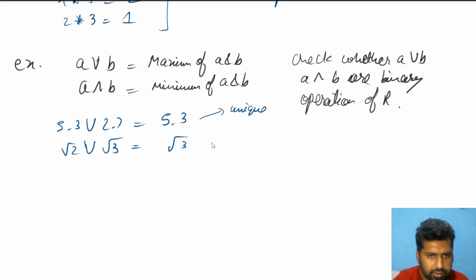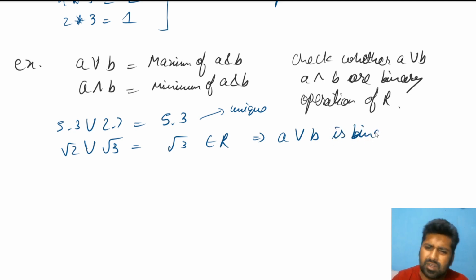So of course we are getting a unique value, and the values that we are getting are from A and B. Either we'll get A as the answer or B as the answer. A and B themselves belong to R, so the answer will also belong to R. So both the conditions are satisfied. It is a unique value, and it is in the same set R. So yes, the maximum of A and B is binary.